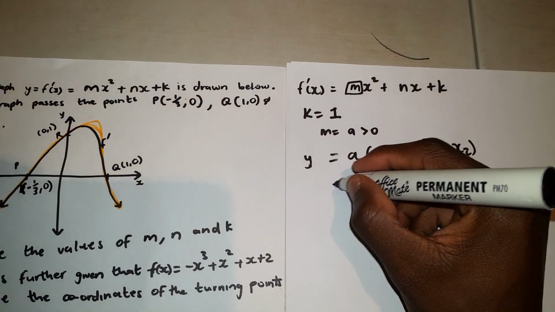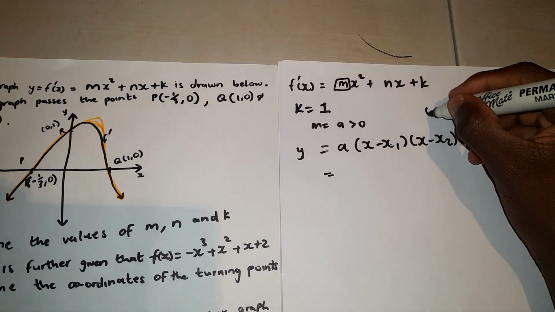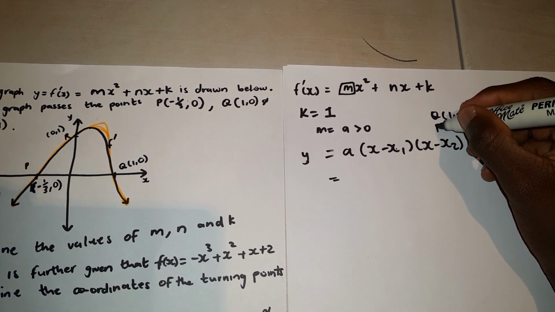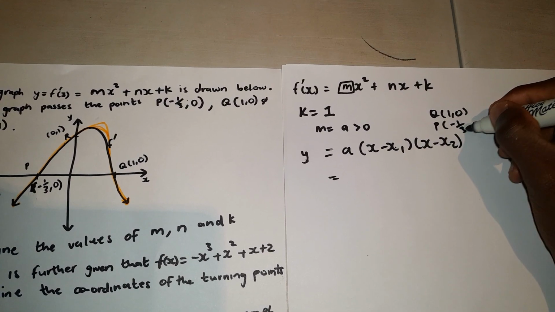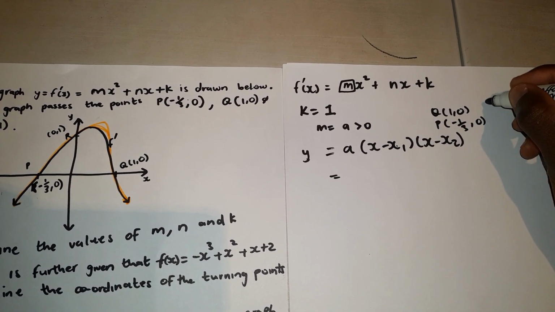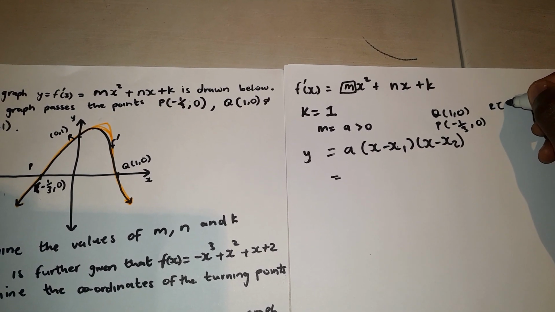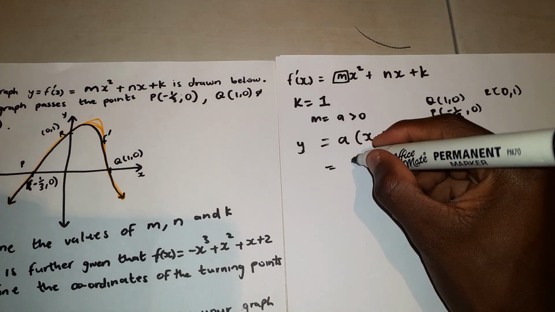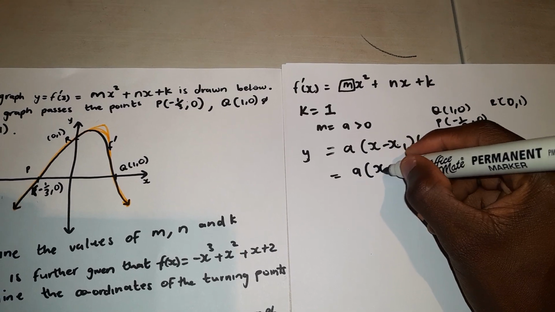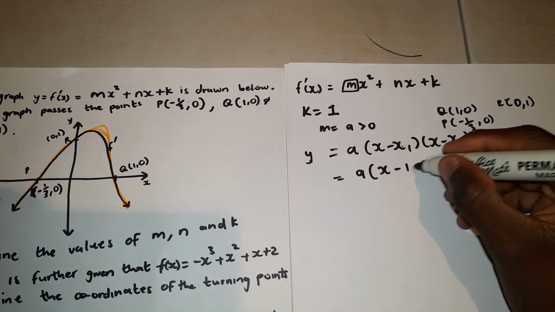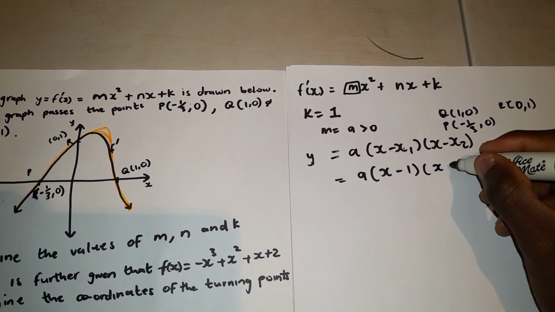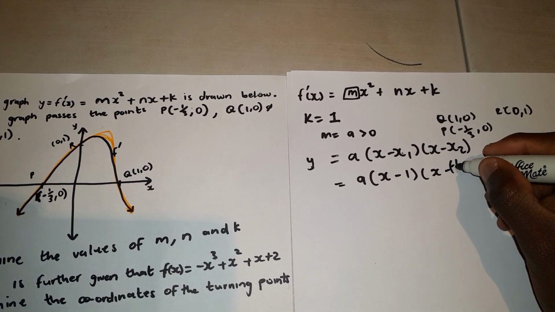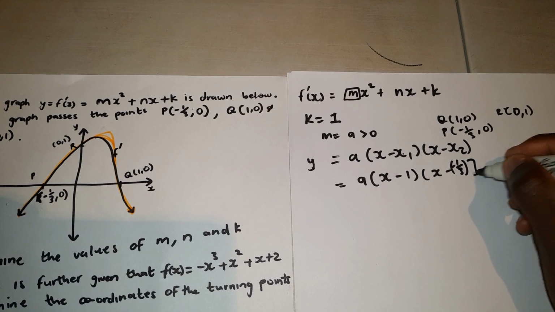So now we substitute all our coordinates: negative 1 over root 3 and 1 over root 3, and R(0, 1). So it will be y equals a(x minus 1 over root 3)(x plus 1 over root 3).